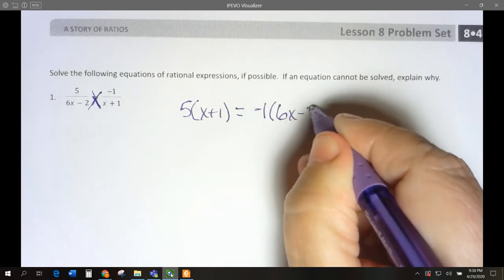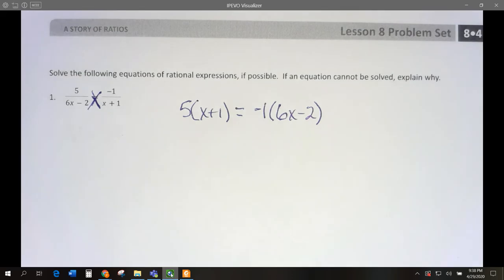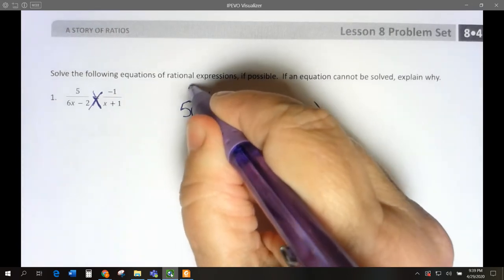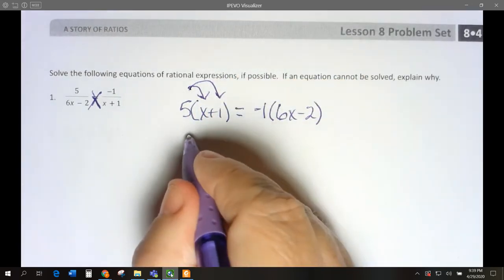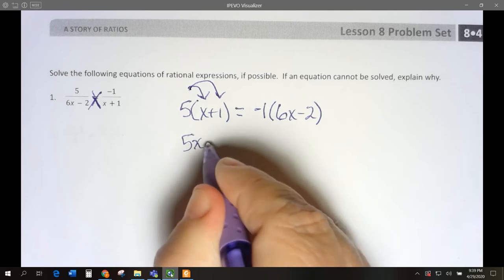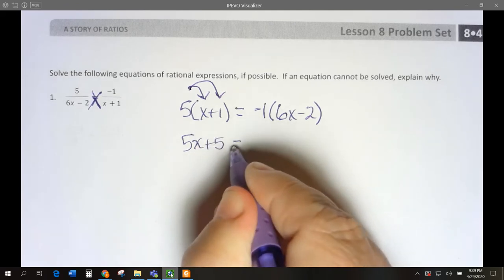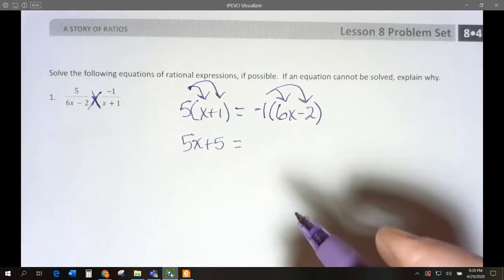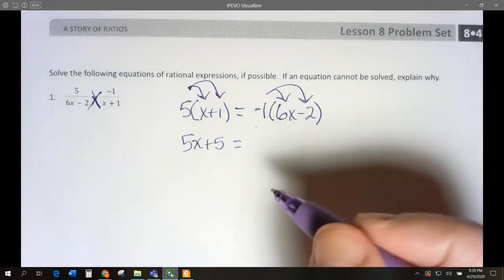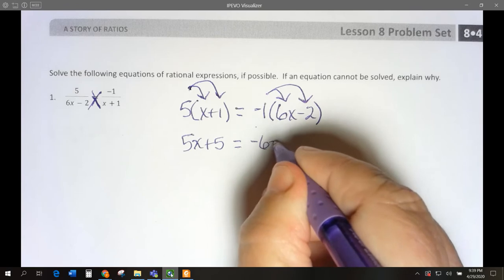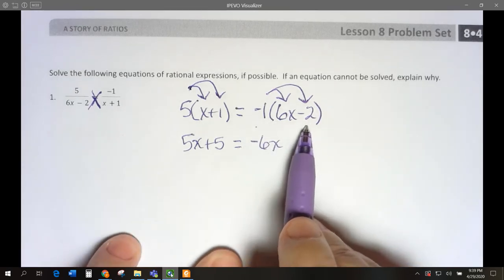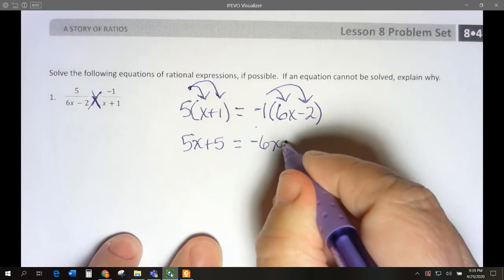Now we're going to start with our distributive property. 5x plus 5 is going to equal negative 1 times 6, which is a negative 6x, and a negative 1 times a negative 2 is a positive 2.